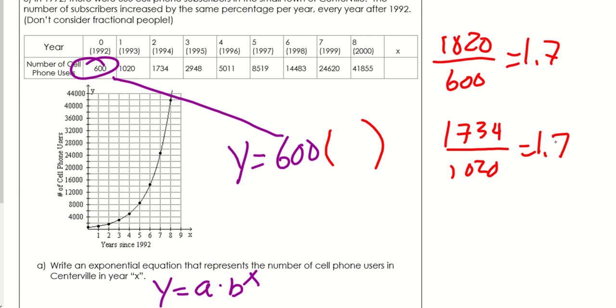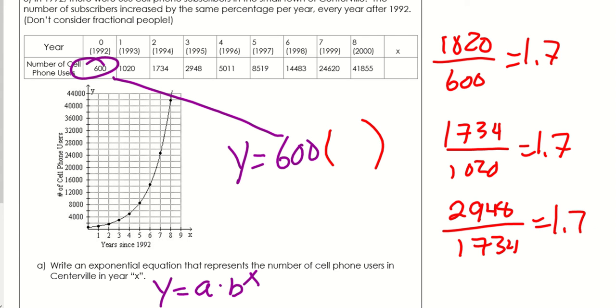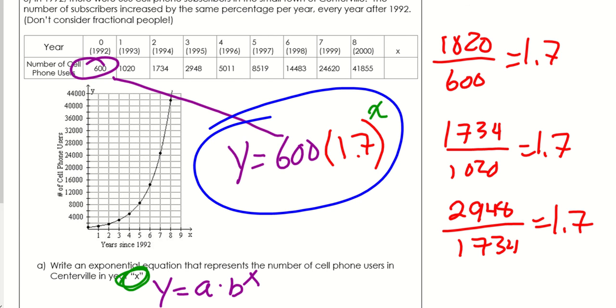I get 1.7. 8, divided by 1634. Again, is 1.7. So I have a constant multiplier of 1.7. And again, I'm looking for those in the year X. So my exponent will be X. That is the formula I'm looking for A.